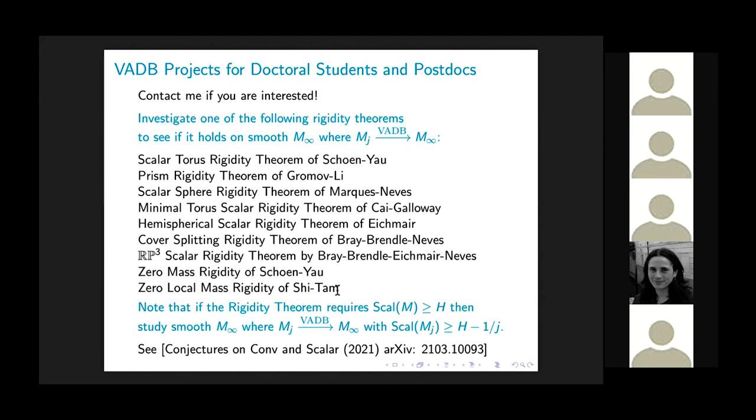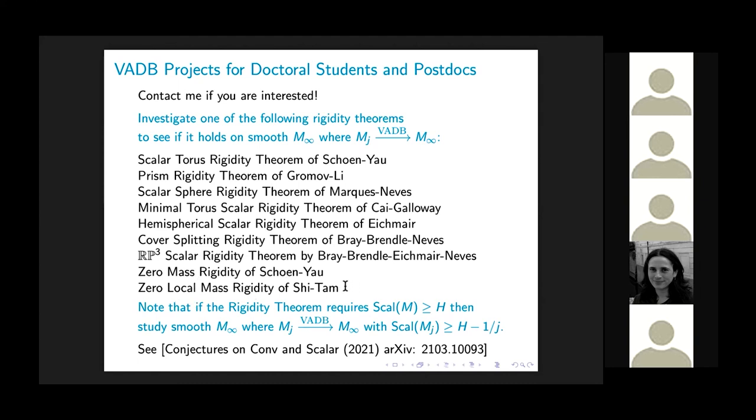This zero local mass rigidity theorem of Shi-Tam would actually be about as useful as the prism rigidity theorem, because this is saying, oh, if your local mass is small, which is something measuring the behavior of the mean curvature on the boundary of a region, it forces that if that mean curvature is too small, then the inside is flat Euclidean. So this one actually is an if and only if statement.